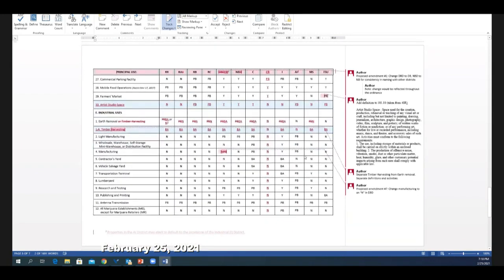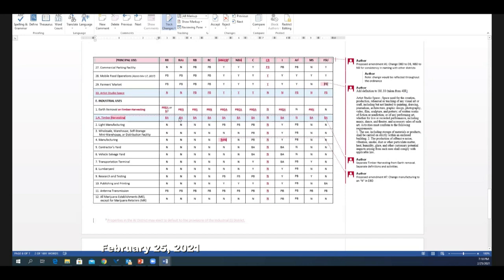All righty, and then there was a change made from the planning board to actually, before I get there, artist studio space. The definition, again, this is just a studio, not an artist live work, also taken from our 40R district. And this is just a space used for the creation, production, rehearsal, or teaching of any visual art or craft, etc. and assuring that everything takes place within the building.